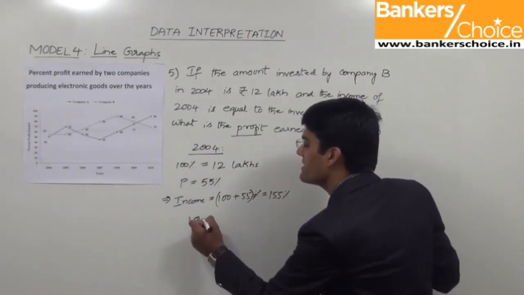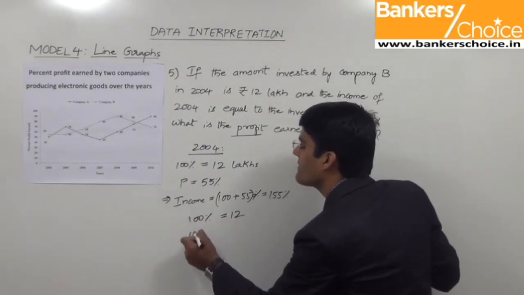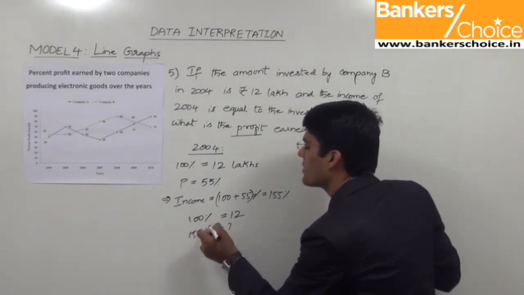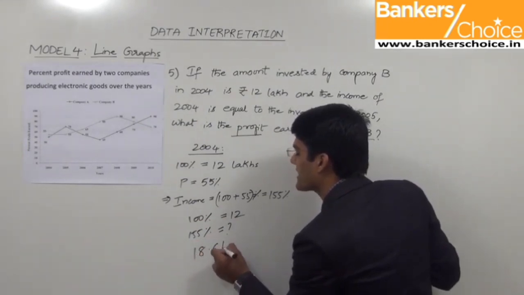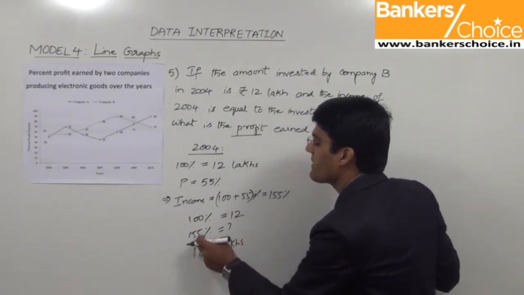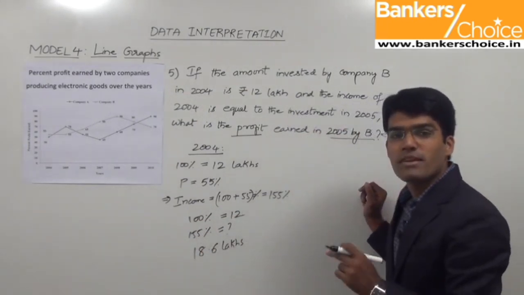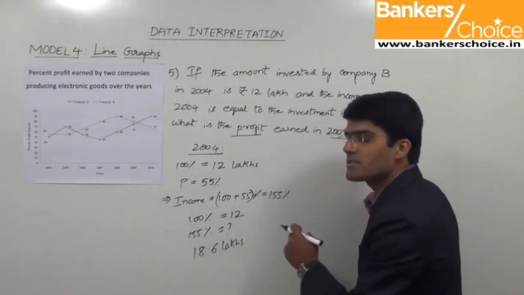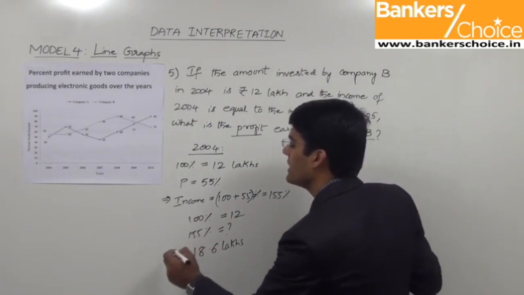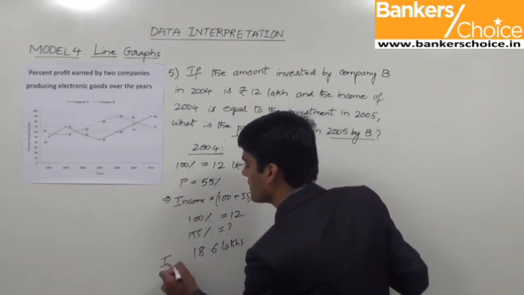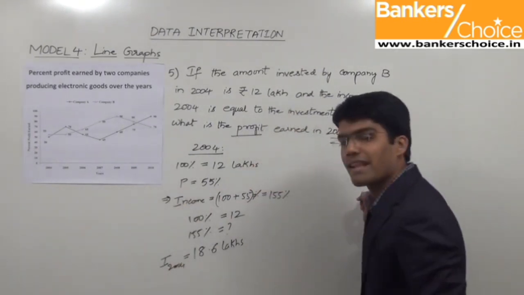So if 100% is 12 lakhs, 155% is equal to what? Upon simplification this comes out to be 18.6 lakhs. That is, 55% of 12 lakhs is 6.6 lakhs. So 155% will be 100 plus 55, that is 12 plus 6.6, 18.6 lakhs. So income in 2004 will be equal to 18.6 lakhs.